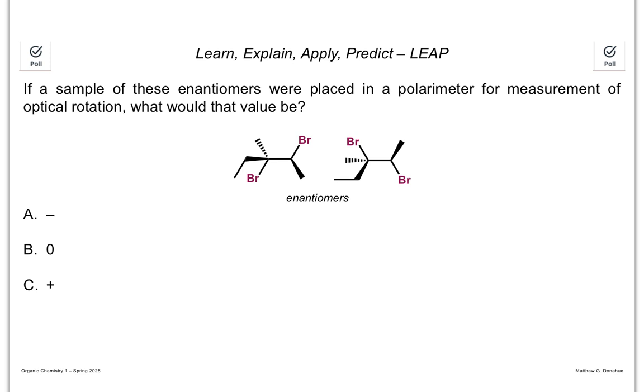So say you run the reaction, you isolate your sample, you chuck it into a polarimeter. What's the specific rotation going to be? So it's going to be 0. So again, these are enantiomers. They're produced as a racemic mixture. Remember, the word racemic is defined as a 1-to-1 ratio.